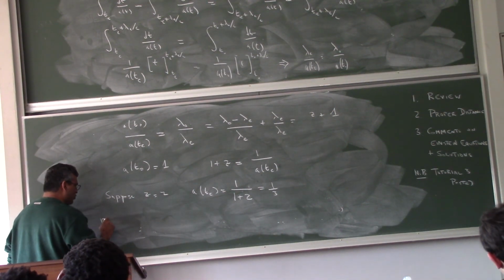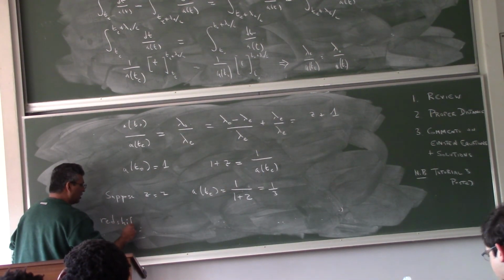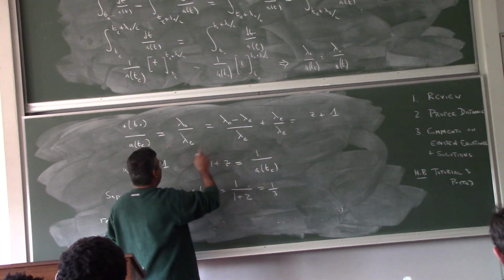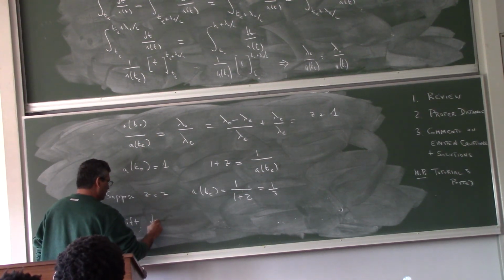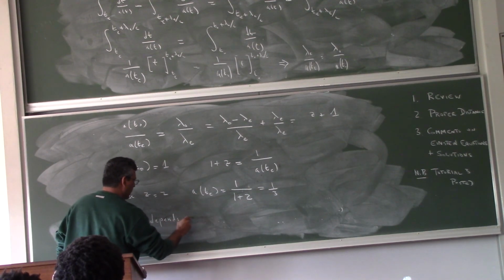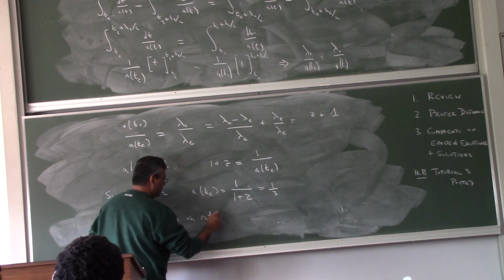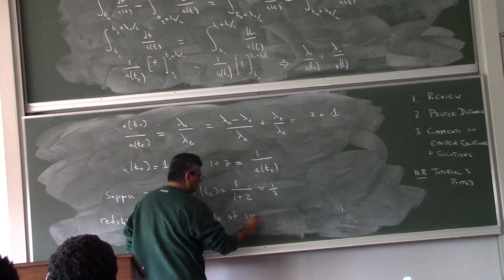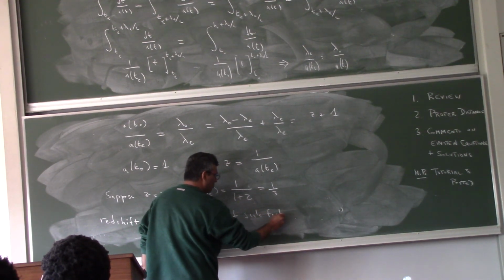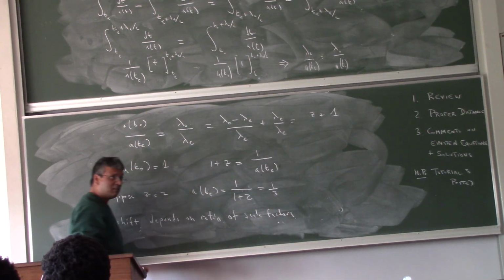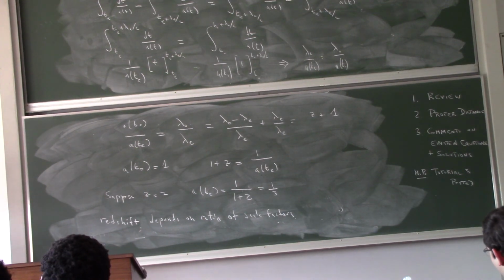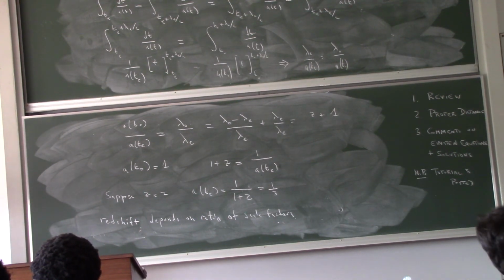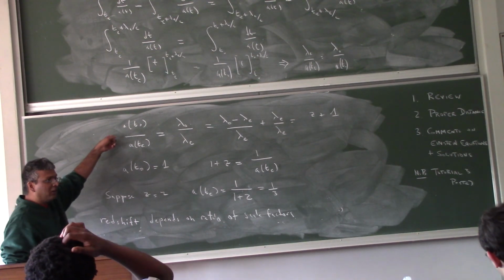Notice that redshift here depends on the ratio of the scale factors. It does not depend on how fast the universe is expanding. It does not depend on how the scale factor evolves.